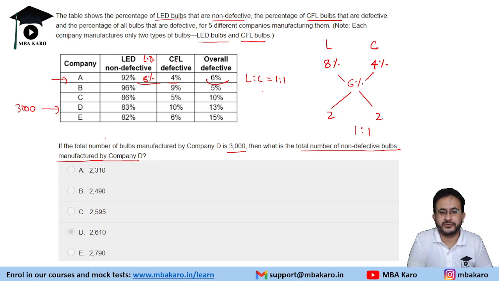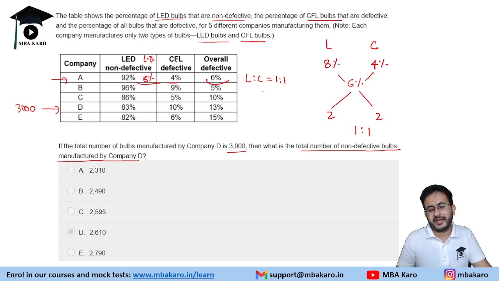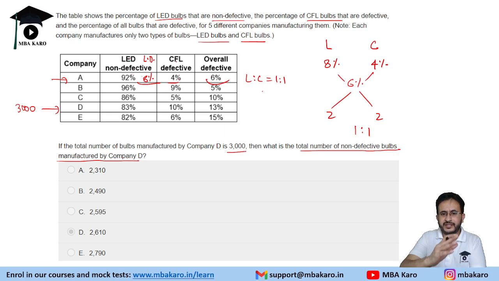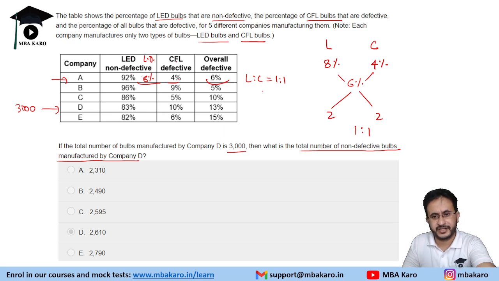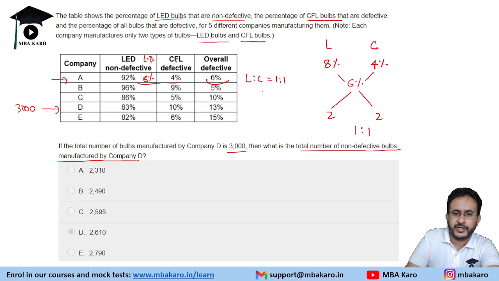You do not have to use the ratios in this. You must understand what concept is being applied and not calculate everything in the beginning. Some students must have calculated all the ratios, but it was not needed for all questions. Only some questions will need it. So it's a simple question and should not have been skipped. Total number of non-defective bulbs.